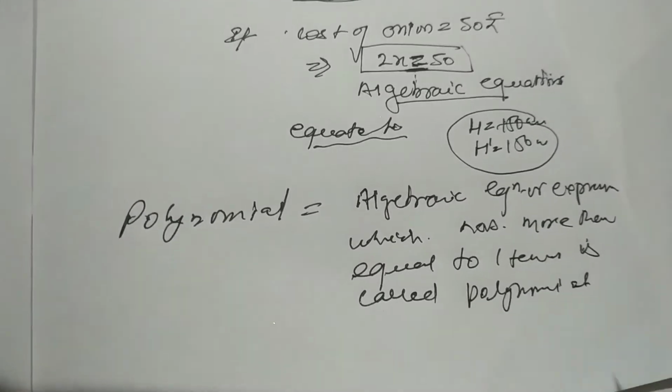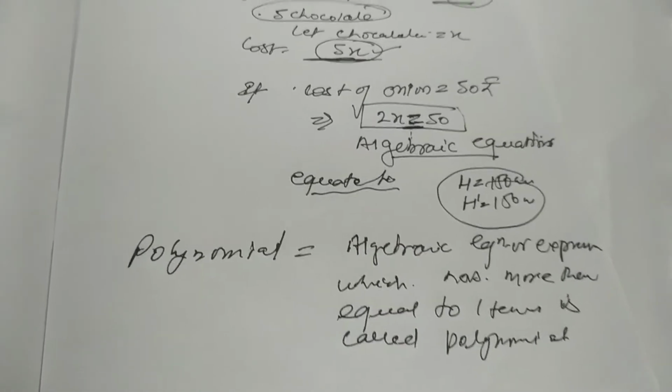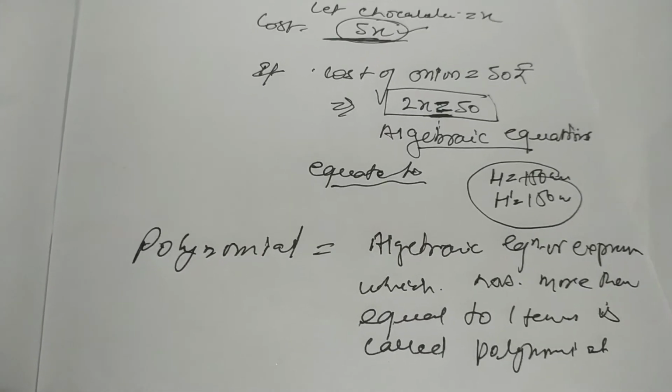Right? In previous classes you learned about more than 3 terms. Basically one term and more than one term is called a polynomial.